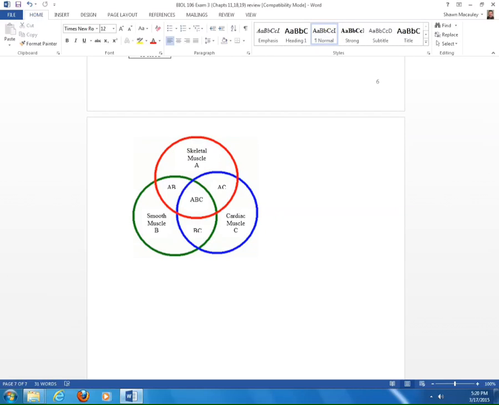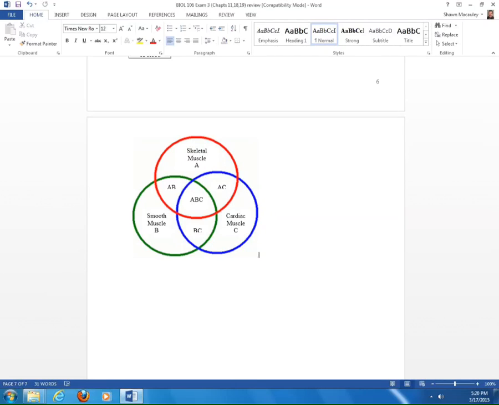If the fact I give you is true for both cardiac muscle and skeletal muscle, you would type in or bubble in A and C. If it was something true between smooth muscle and skeletal muscle, you would bubble in A and B. If it was true of all three muscle types, A, B, C. And if it was not true of any of them, the directions will tell you to label in or bubble in D, as in dog.